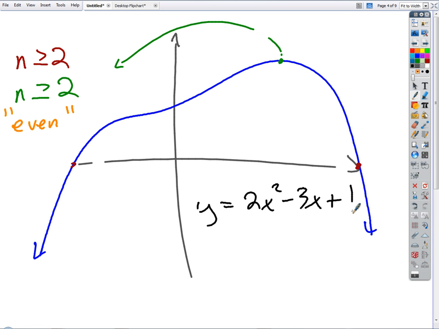We know from chapter 5 that the graphs of quadratic functions are always parabolas, and parabolas have a distinctive shape. They're always symmetrical. That's lumpy, that's not symmetrical, so that can't be 2. It's got to be bigger than 2, but it has to be even, so 4 is the answer. Okay, see how it works? Tricky, right? Not for you guys.